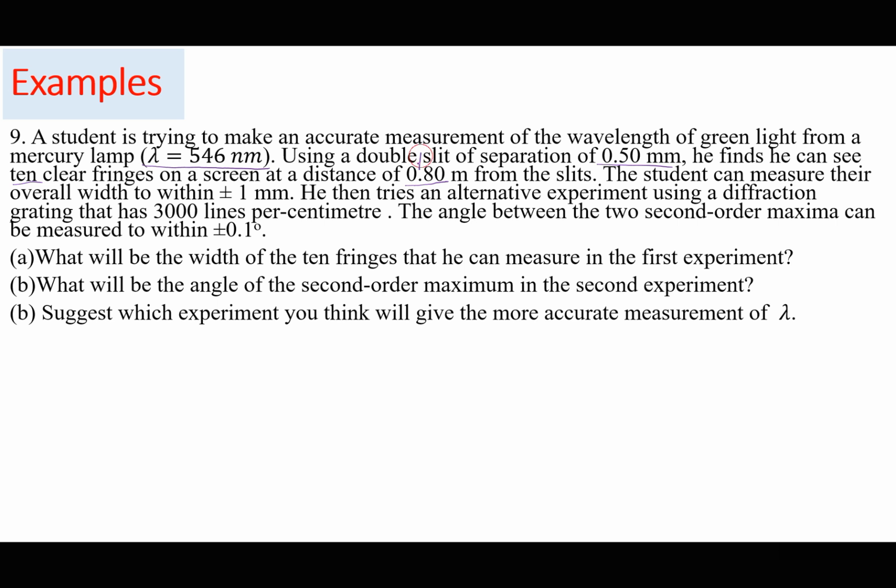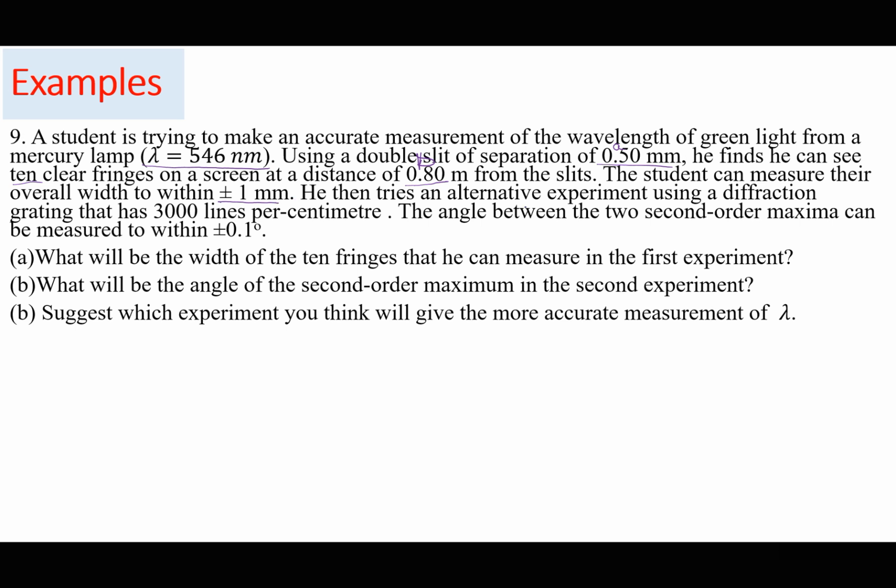So this is D, capital D for a double slit, from the slits. Slit separation is a for a double slit. The student can measure their overall width to within plus or minus 1 millimeter.